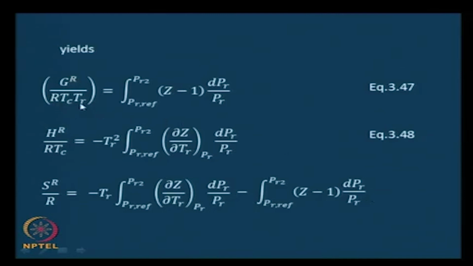GR by RTC was integral of PR reference to PR2 Z minus 1 dPR by PR. HR by RTC was minus TR squared integral of PR reference to PR2 dou TR of Z at constant PR dPR by PR, and SR by R was minus TR integral of PR reference to PR2 dou TR of Z at constant PR dPR by PR minus integral of PR reference to PR2 Z minus 1 dPR by PR.